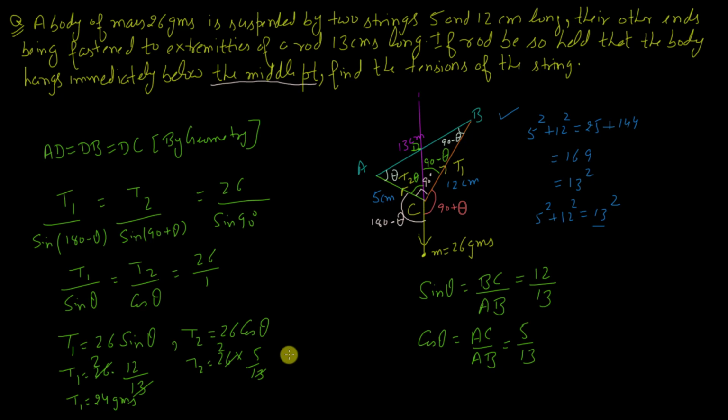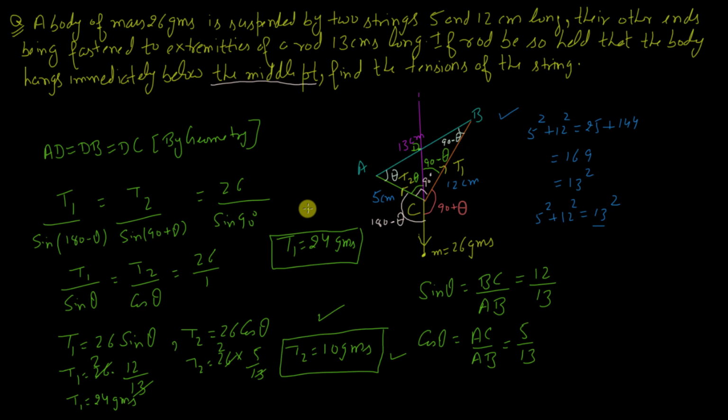This will go on, and T2 is equal to 10 grams. Fine. So this is the tension in the string. One is 24 grams and another one is 10 grams. So that is what we were required to find.